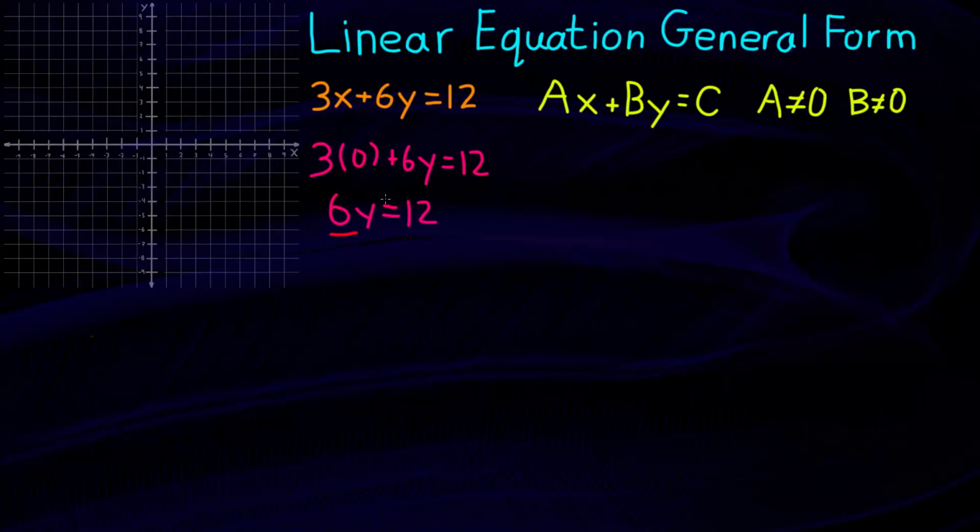There are no constants, we're just left with a coefficient, so we isolate that away. We divide both sides by 6, and we end up with y equals 12 divided by 6, which is 2. So the y-intercept, which we will draw in this purple color, is going to be at y equals 2. Notice that this is where x equals 0.